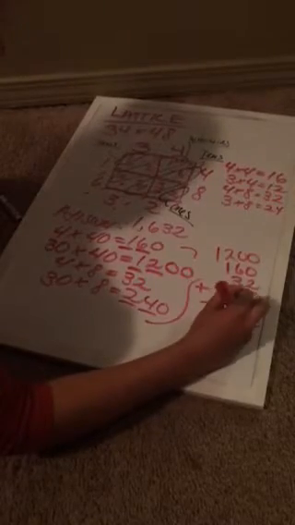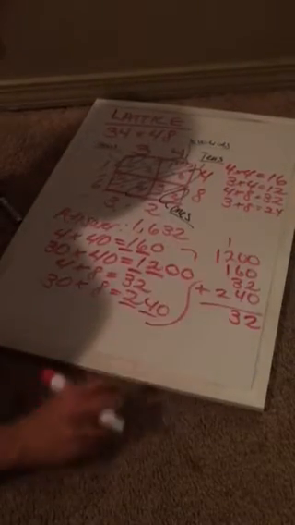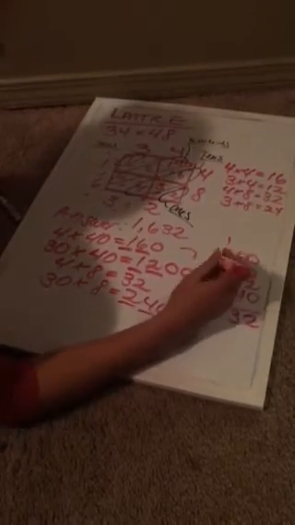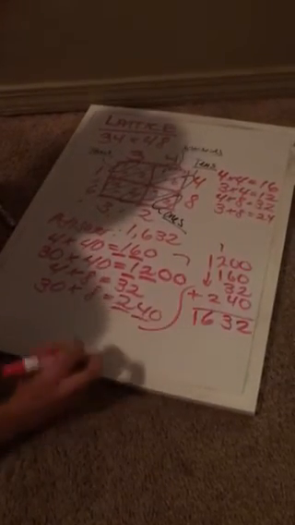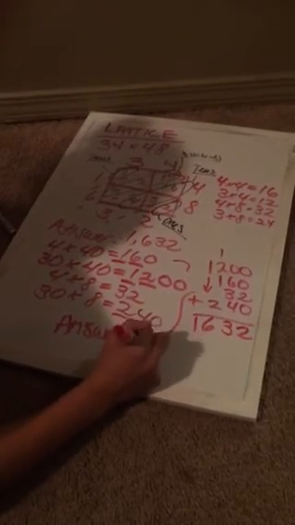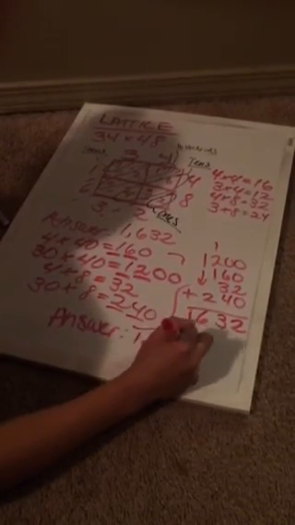In the tens place, we have 6 plus 3 plus 4, which is exactly what we had up here. 6 plus 3 plus 4, and that equals 13. We're going to carry the 1. 1 plus 2 plus 1 plus 2 is equal to 6, and there's 1 in the thousands place value, and we're going to bring that down. So the answer is still 1,632.